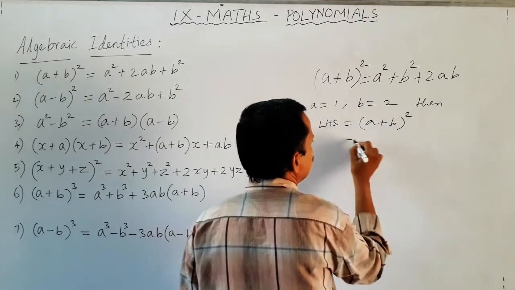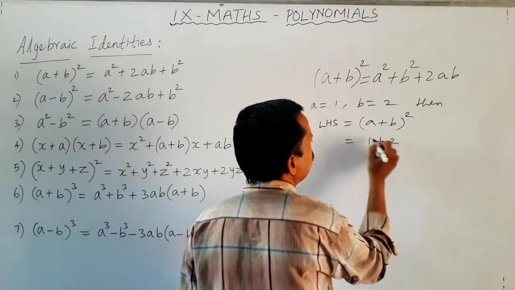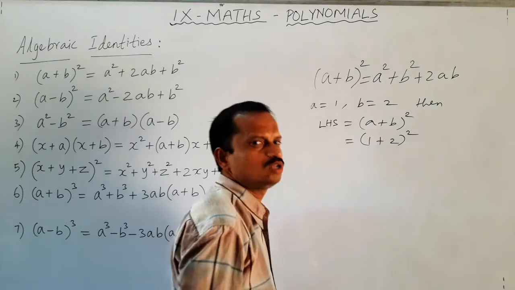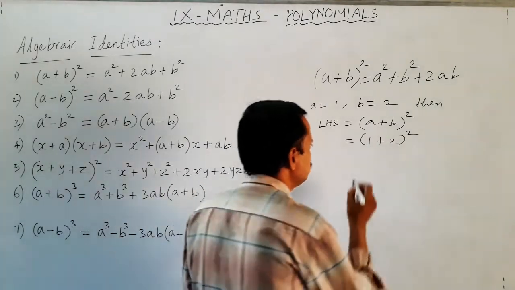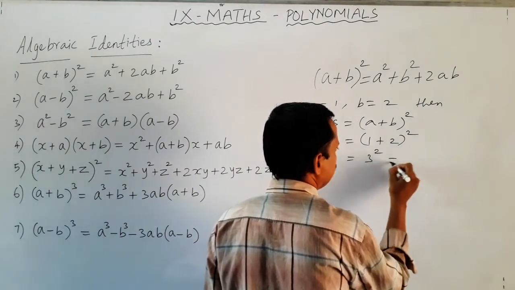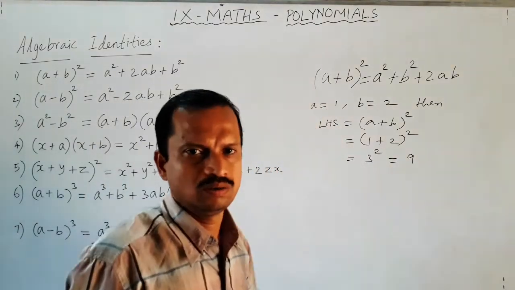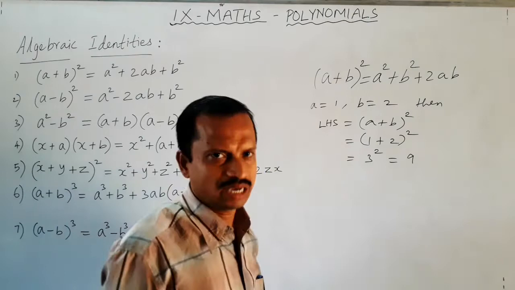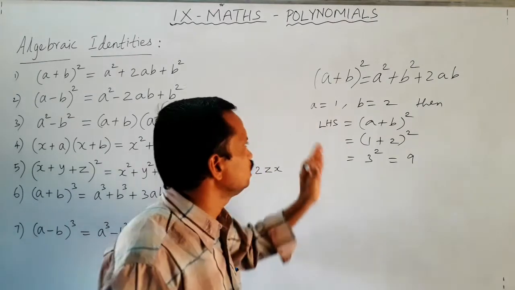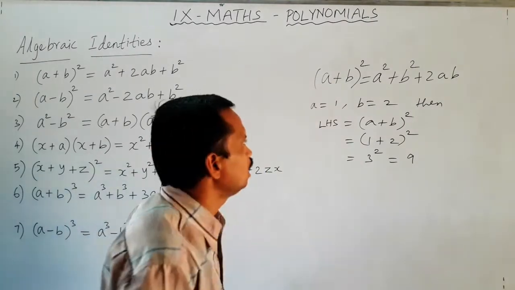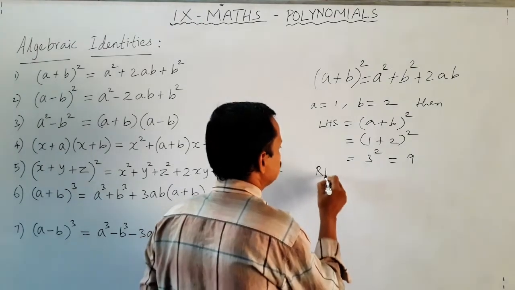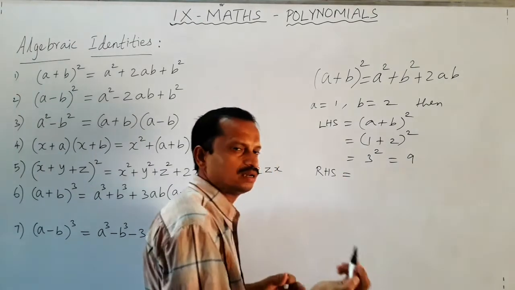So for A 1, for B 2, 1 plus 2 whole square. What is 1 plus 2? 3. So 3 square is 9. Okay. So this is the value 9 we got for the left hand side.